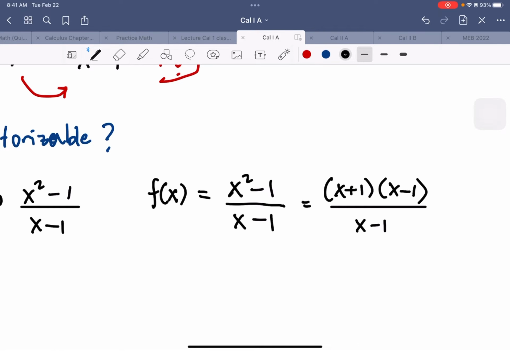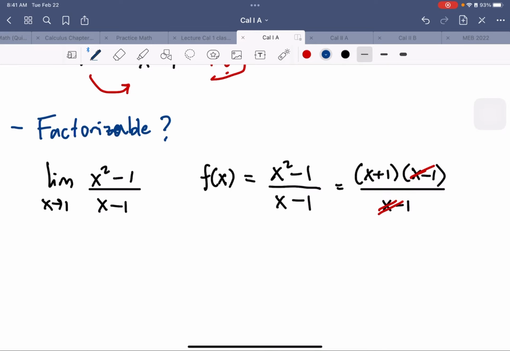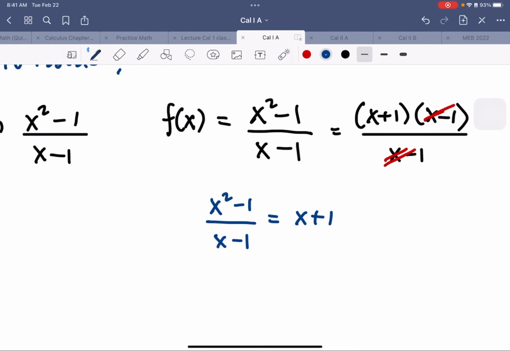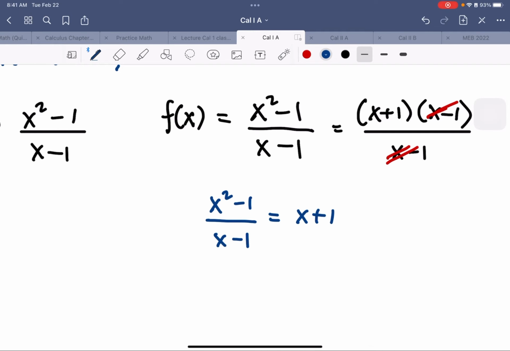So we may have the x plus 1, okay? So if this is f of x, can we write this as x plus 1?